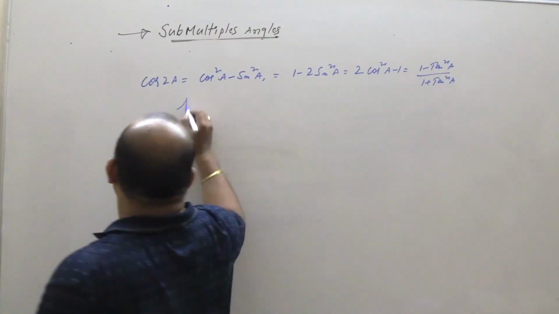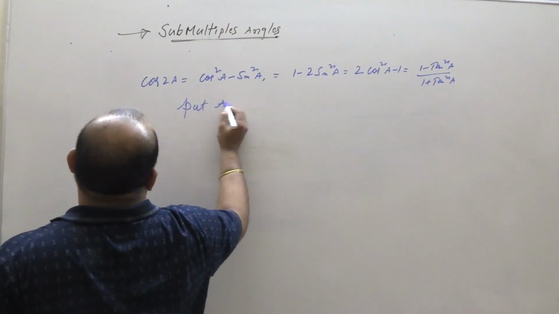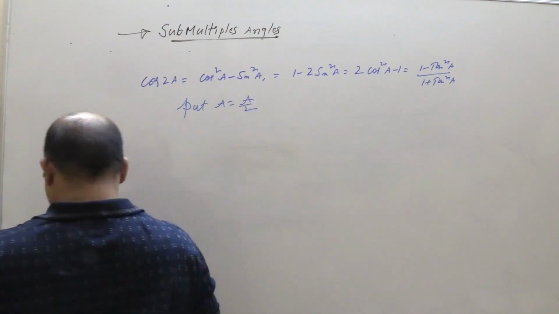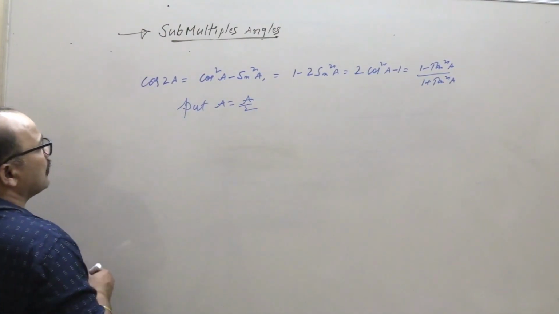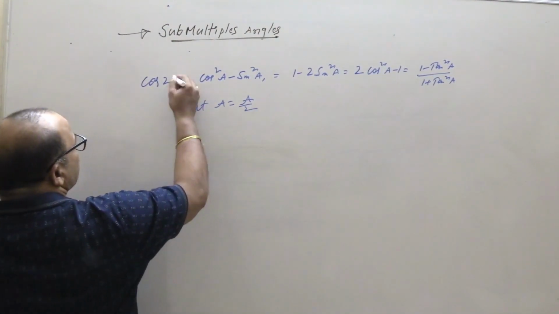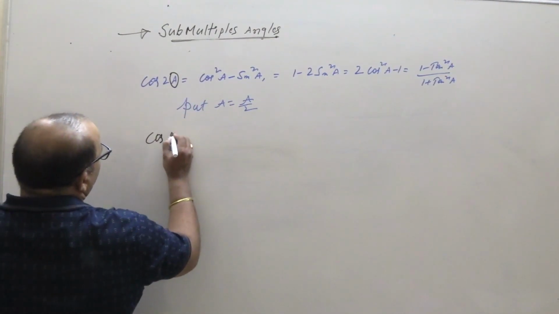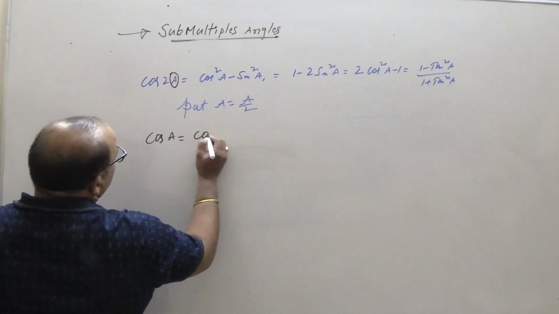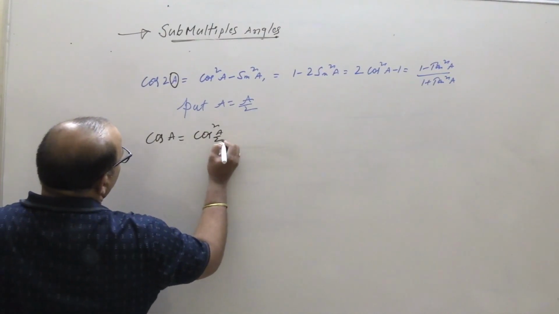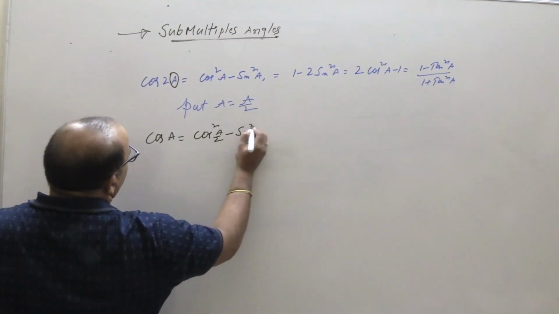Simply put A equal to A by 2, and the 2 gets cancelled, students. So the cos A formula is cos square A by 2 minus sin square A by 2.